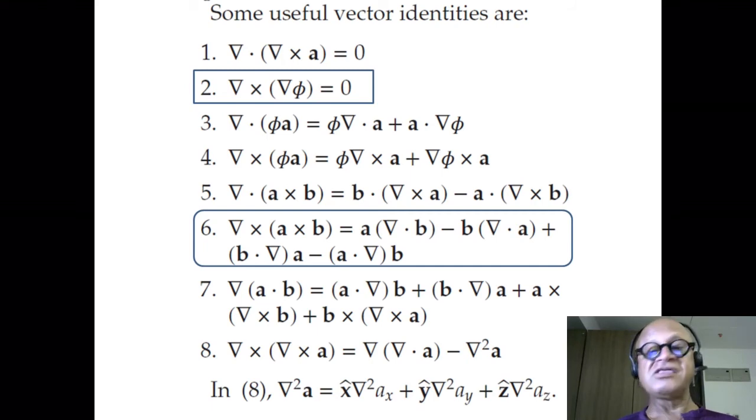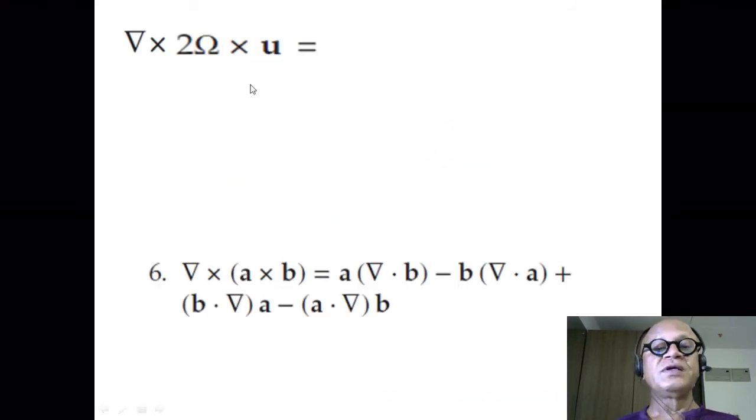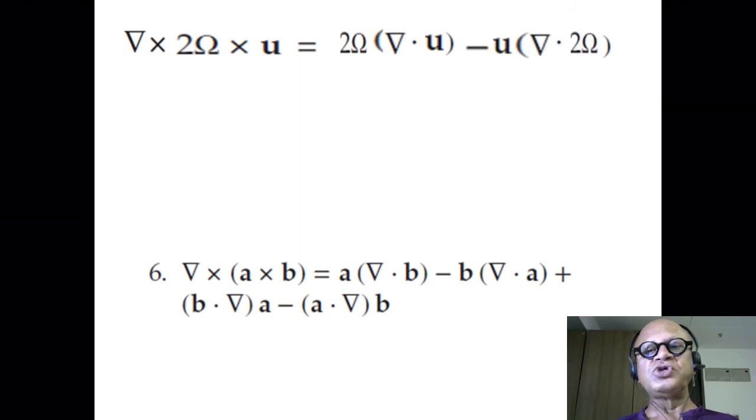Okay, but the main thing is when we do the grad cross of 2 omega cross u, we are going to end up with 2 omega (grad dot u) minus u (grad dot 2 omega) plus (u dot grad) 2 omega. We applied this exact identity here.